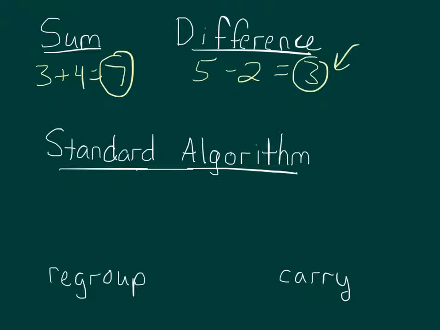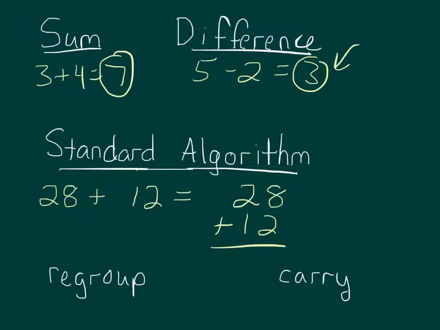Taking a number like 28, and if you're adding 12 to it, you would write it like this: 28 plus 12, making sure that your ones place is lined up right there, and that your tens are lined up. Okay, that's the standard algorithm.